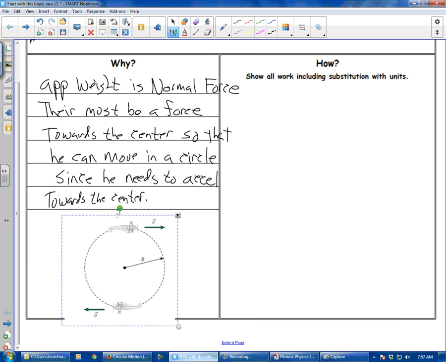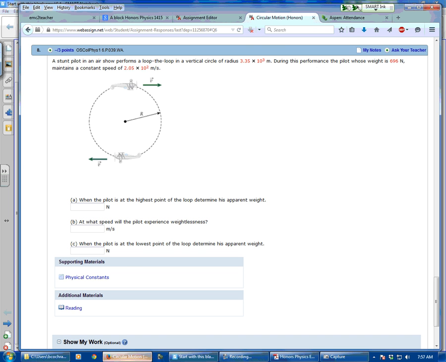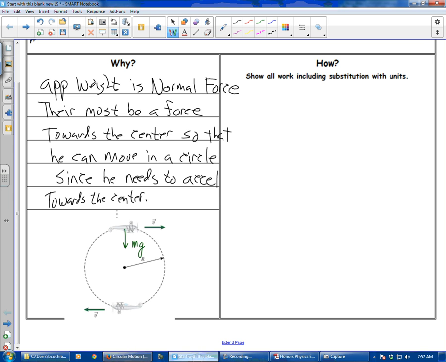So, let's draw some forces here. The plane would have weight down, or the person. Are we dealing with the person? Yeah. So, the weight of the person is always going to be down, no matter what.